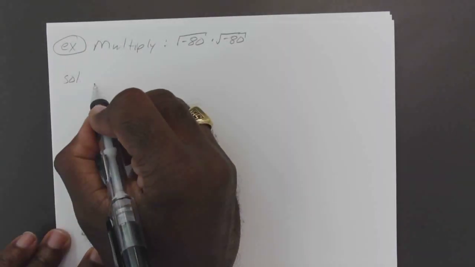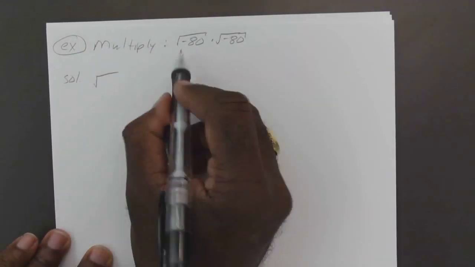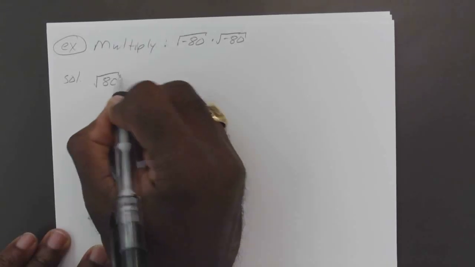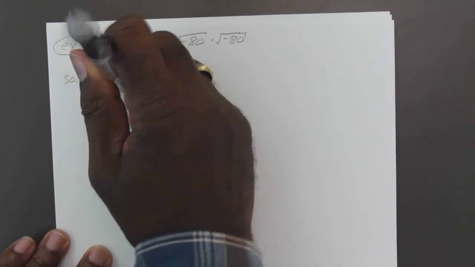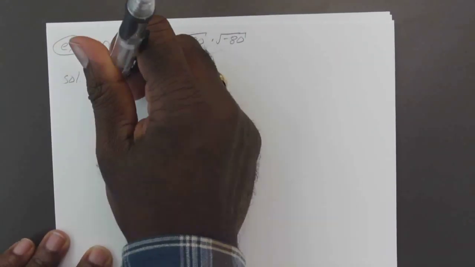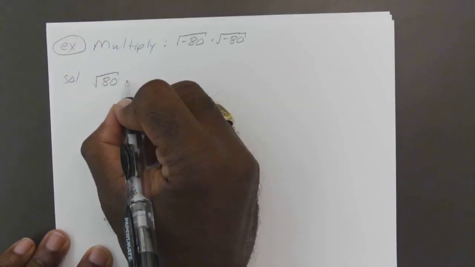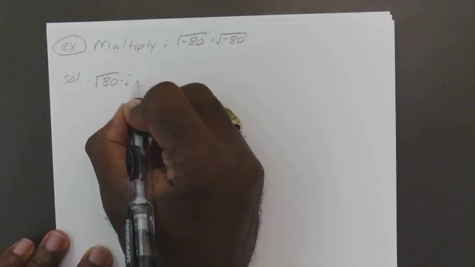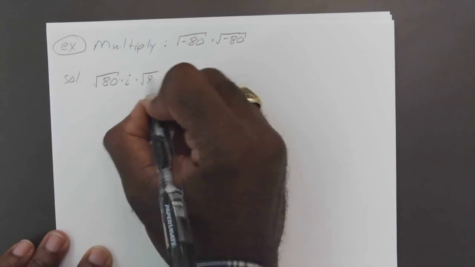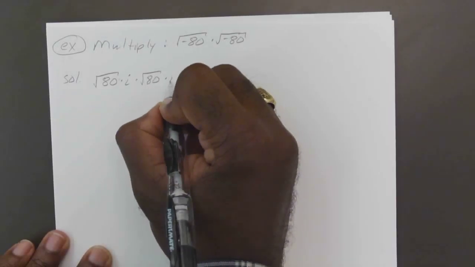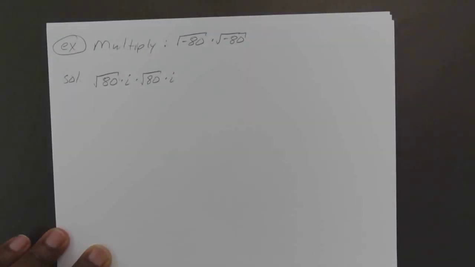So if we wanted to do that one, we can make it square root of 80 times i, times square root of 80 times i.